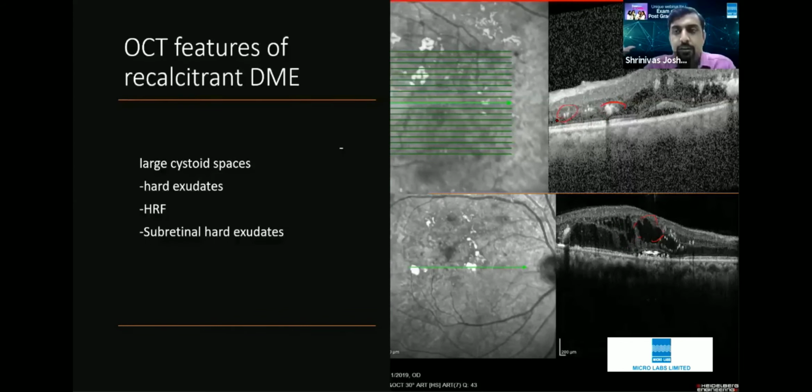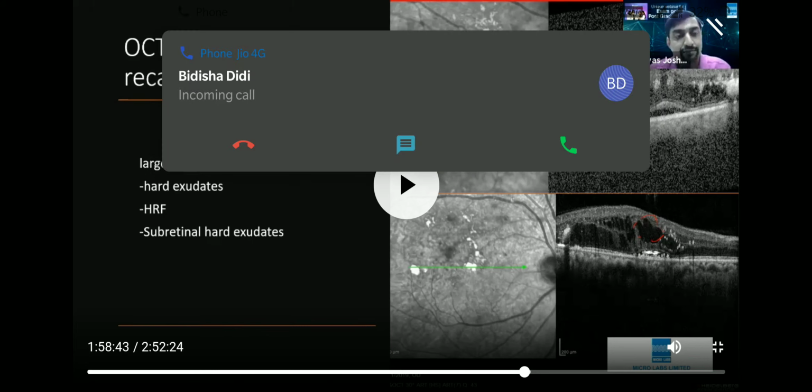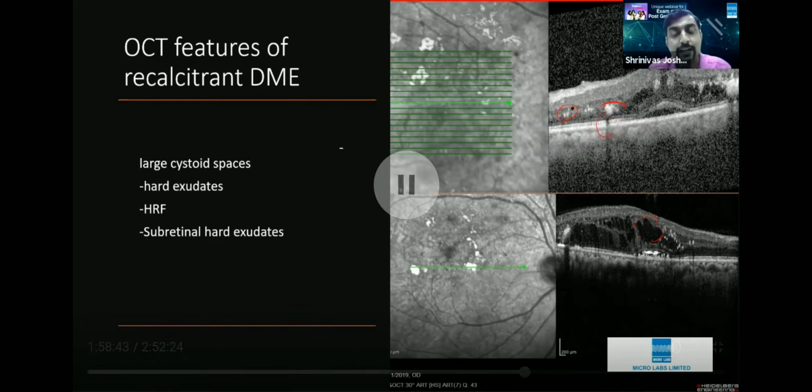If you take hard exudates, usually they have back reflection and shadowing here, whereas hyperreflective foci do not have shadowing.